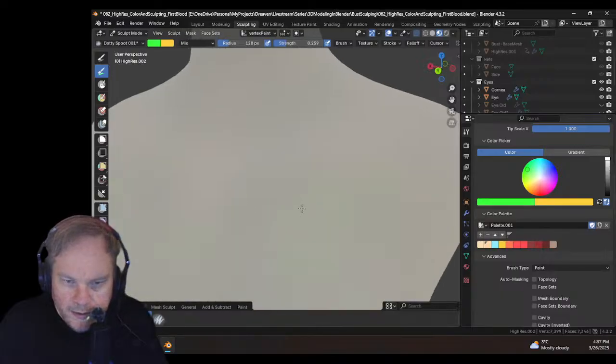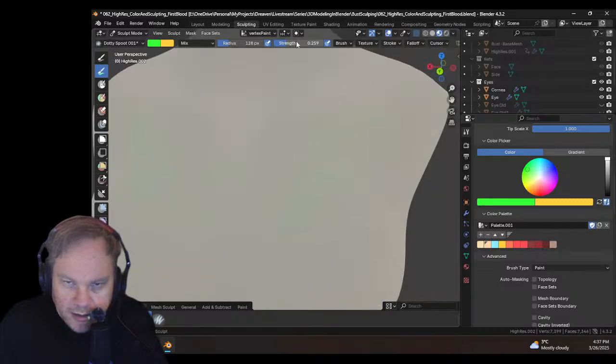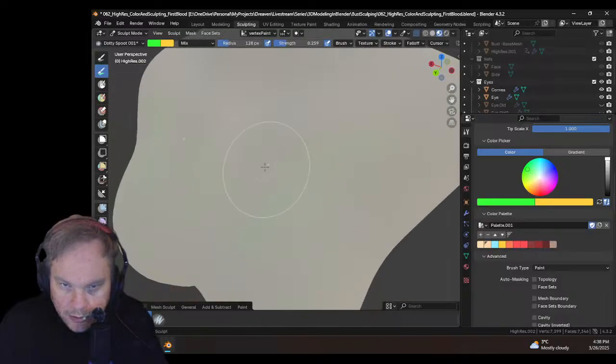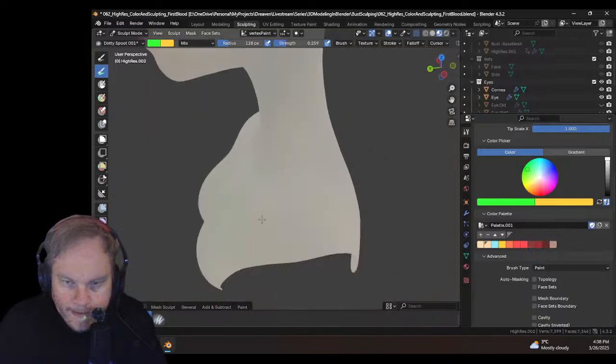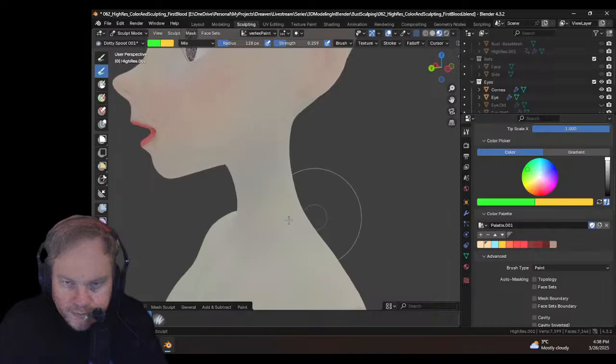So let's pick your spoot brush and spoot that out, everywhere where you didn't paint anything.